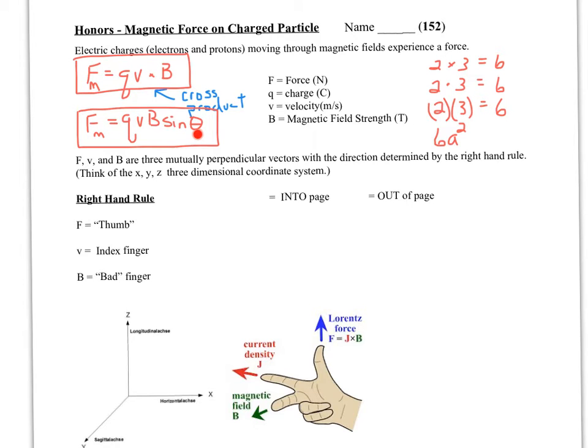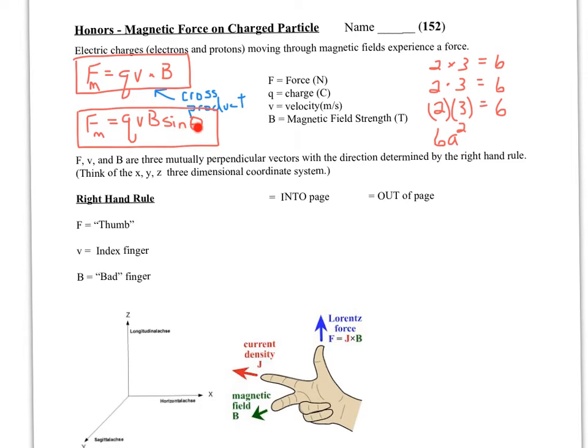Now, basically all the problems we'll be doing this year, that angle will be 90 degrees. Well, if you remember from trig, or you can plug it in right now, sine of 90, a right angle, is 1, so this will almost never come into play for us this year.